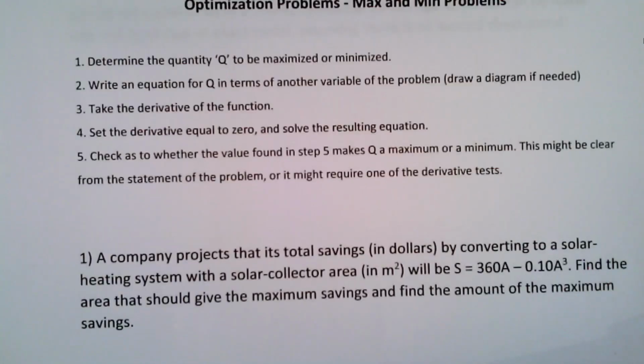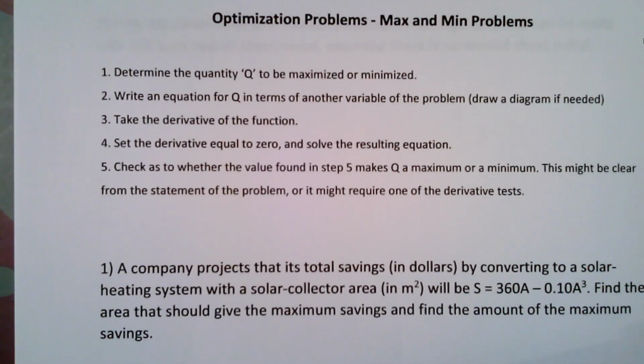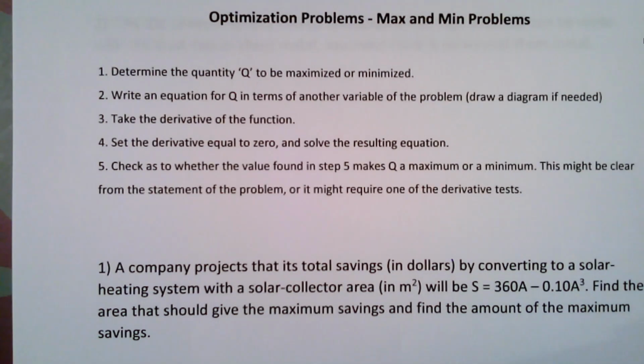Alright, let's begin with the steps. The very first thing you want to do is look for the quantity to be maximized or minimized. So there's going to be some kind of a quantity in the question that you're looking for that is meant to be maximized or minimized.